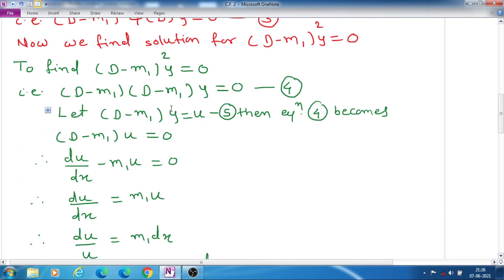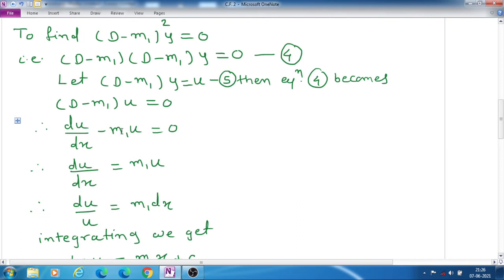Now here we substitute D minus m1 y equal to u. Therefore this equation becomes D minus m1 into u equal to 0. Now we solve this equation to find u. So D minus m1 into u equal to 0, therefore du by dx minus m1 u equal to 0.